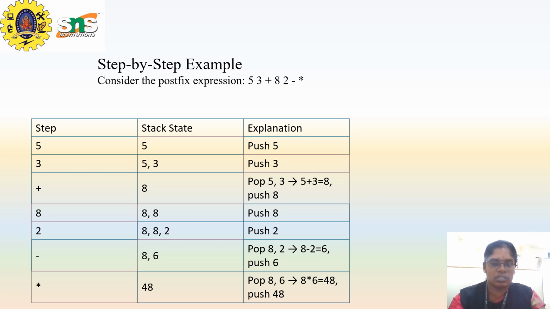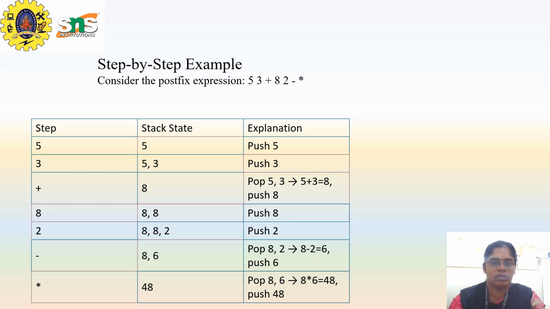The stack state is 5, 3. This value is pushed onto the stack. The next operator is plus. The stack holds 5 and 3. 5 plus 3 is 8. Pop 5, 3; 5 plus 3 is 8; push 8.